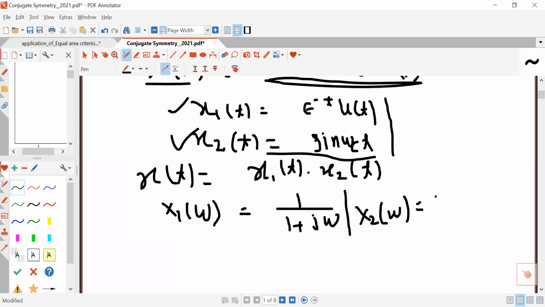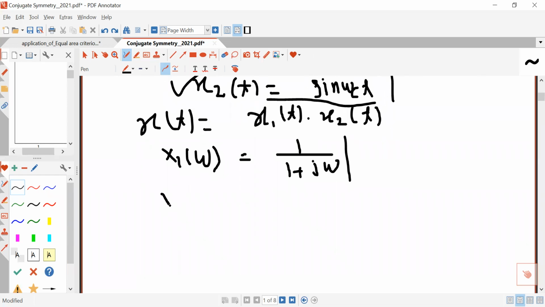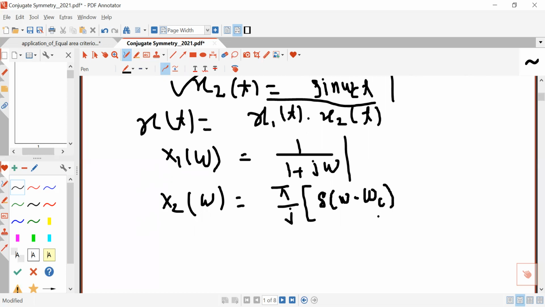The Fourier transform of the signal sine omega_c t will be X2(omega), which is equal to pi by j times delta(omega minus omega_c) minus delta(omega plus omega_c).